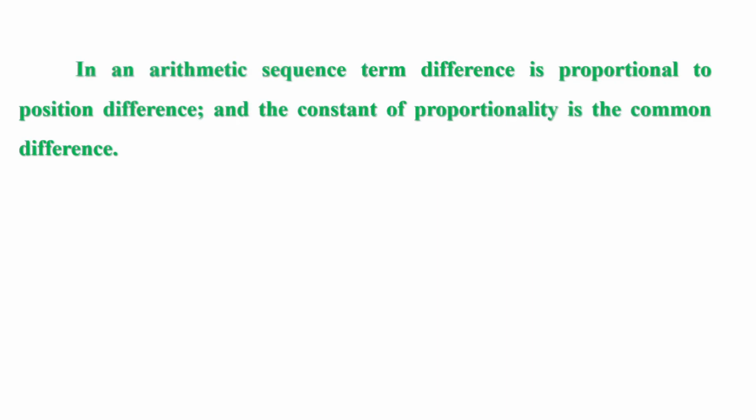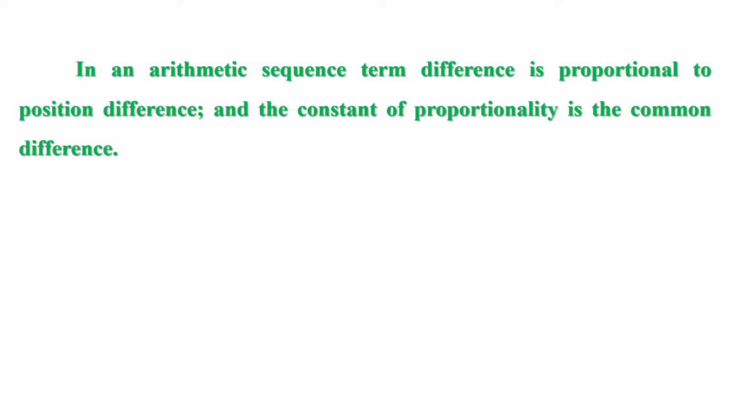So we can say in an arithmetic sequence, term difference is proportional to position difference, and the constant of proportionality is the common difference. Always term difference equal to a constant, that is common difference, into the position difference. In this we saw one more thing, that the difference between any two terms in an arithmetic sequence is always a multiple of the common difference.